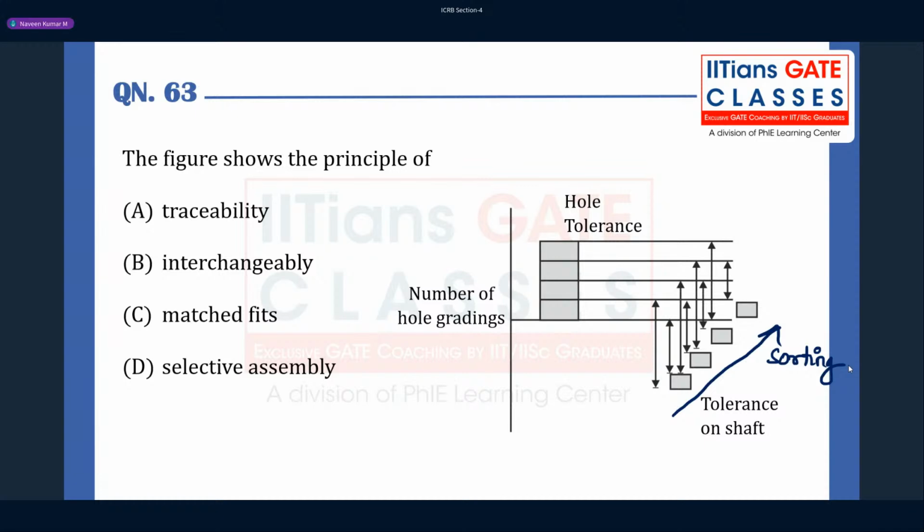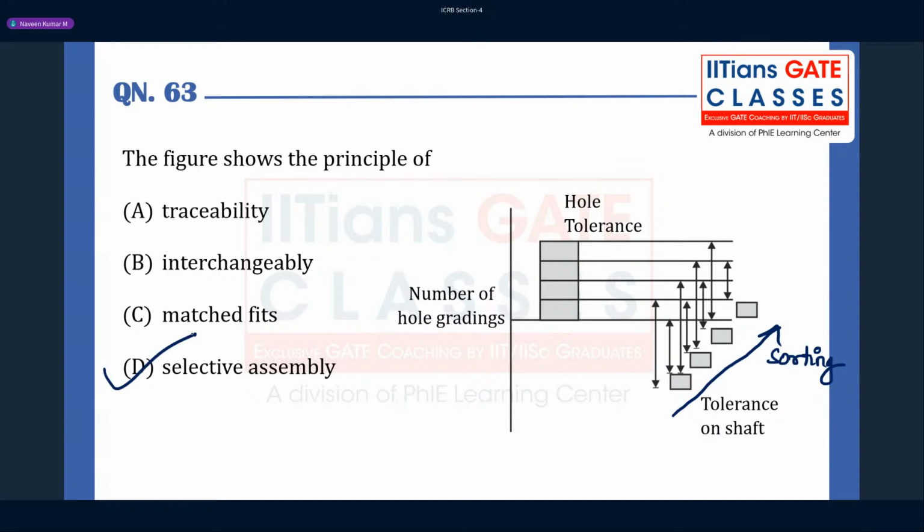The practice of sorting parts into different sizes and groups, and then assembling the parts from these groups with the closest tolerances possible, is called selective assembly. So according to this question, you feel matched fits might be right, but it is not, because matched fits will tell you the level of tightness and looseness, but in selective assembly there is sorting happening.